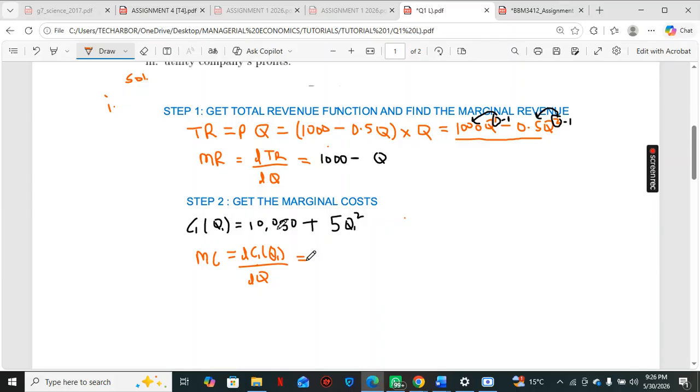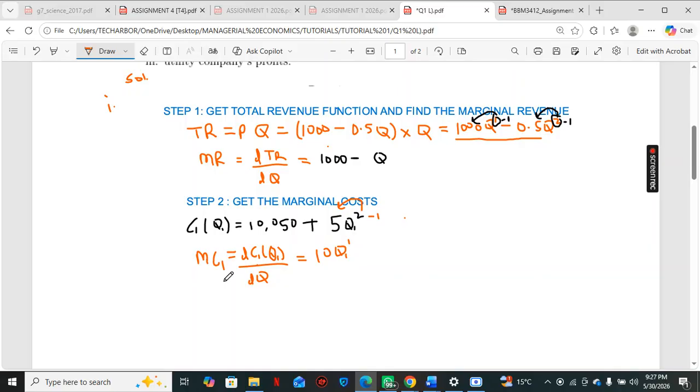So this 10,050 disappears because it doesn't have a letter. For this 5Q1 squared, remember, multiply the exponent by the coefficient. 2 times 5, that is 10. So you're going to say 10Q1. Then you subtract 1 from the exponent, so you have 10Q1 to the power 1. This is our marginal cost for our first facility, Kariba Dam.